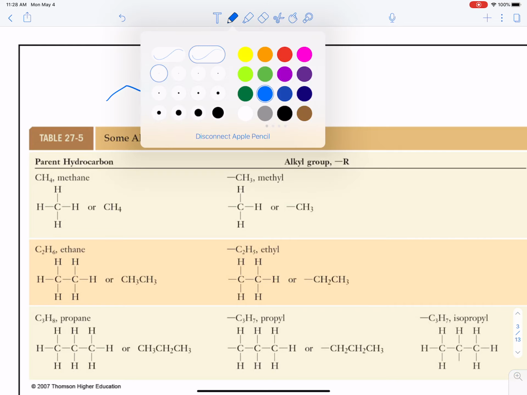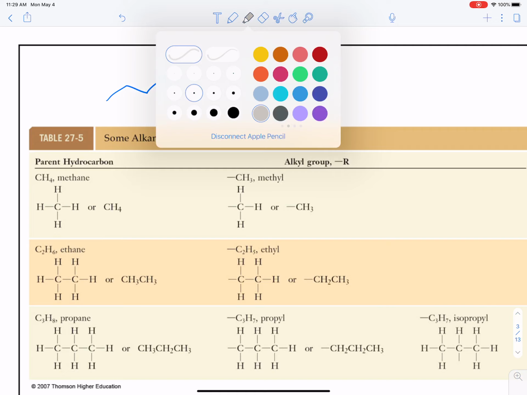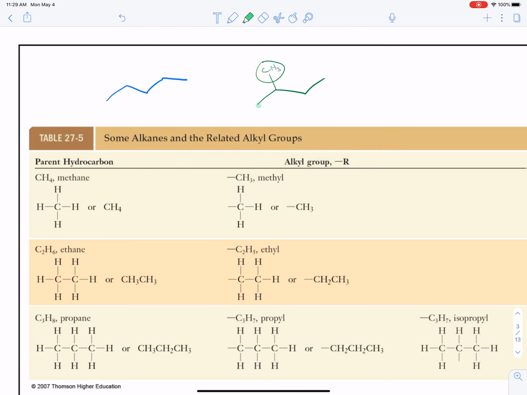One of them that we drew, if you'll recall, looked like this. So what we find is this carbon right here is a CH3. But the longest chain is right here.